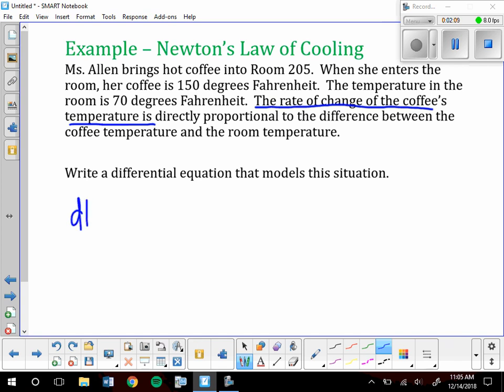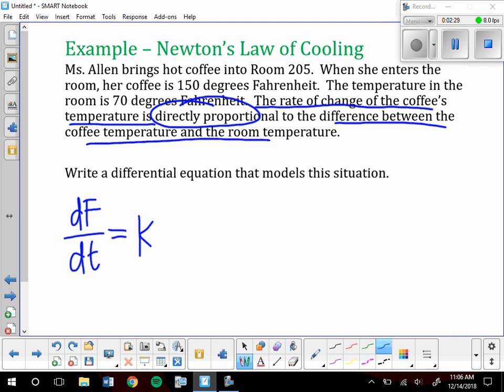So the rate of change of the coffee's temperature, so change in temperature over change in time, is, so we're going to put an equal sign, directly proportional, remember that's some proportionality constant K, to the difference between the coffee temperature and the room temperature. So we need to write the difference between the coffee temperature, which changes, so we'll call it F, and the room temperature, which is a constant 70 degrees Fahrenheit. So this is a differential equation that models the situation.